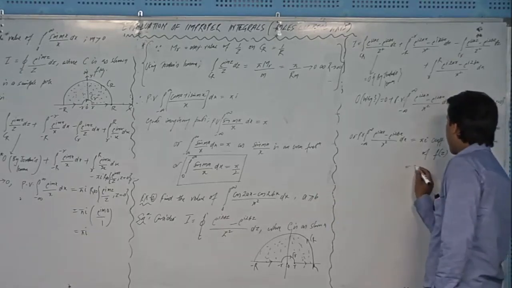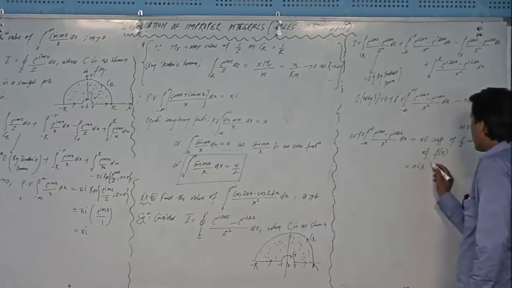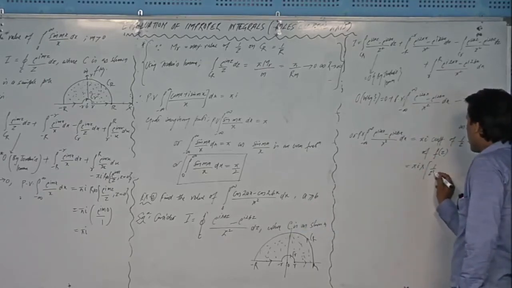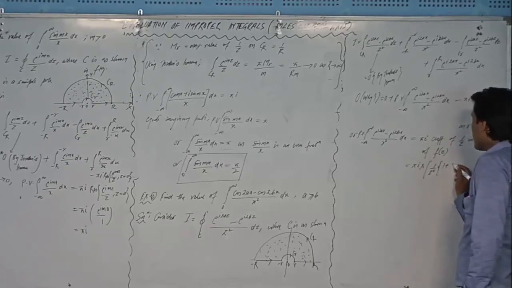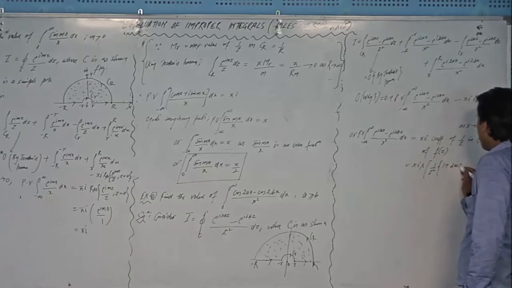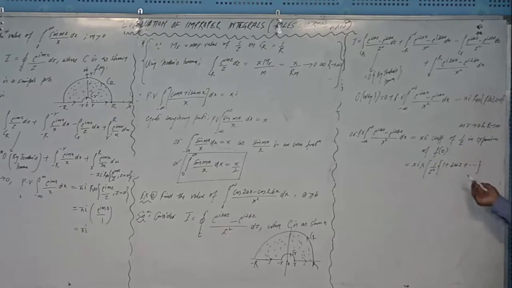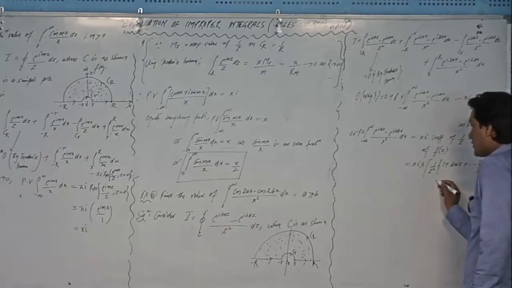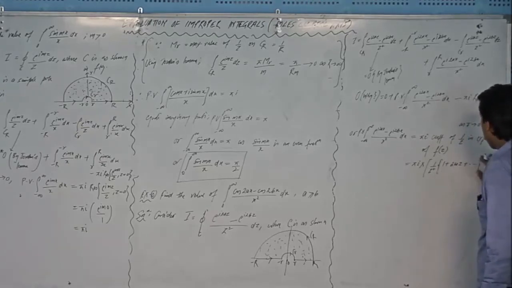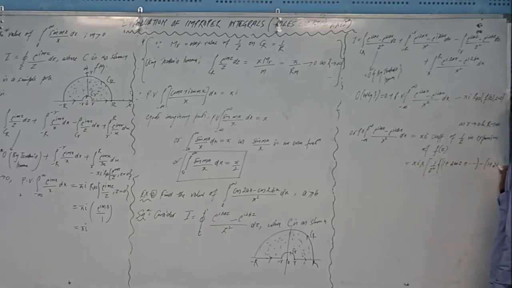That will give me pi i times, if I expand this I will get 1 over z squared times 1 plus 2a i z plus so on. I need not write the whole series, right, because I have already got 1 over z here, right? And for the second one, 1 over z squared is outside, bracket, minus 1 plus 2b i z and so on, right?